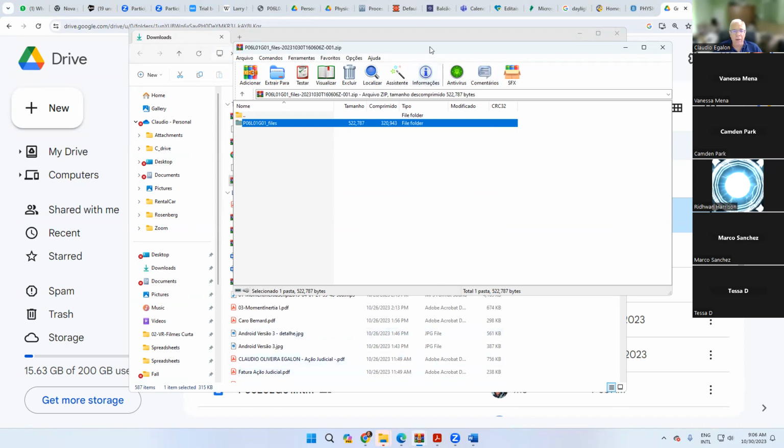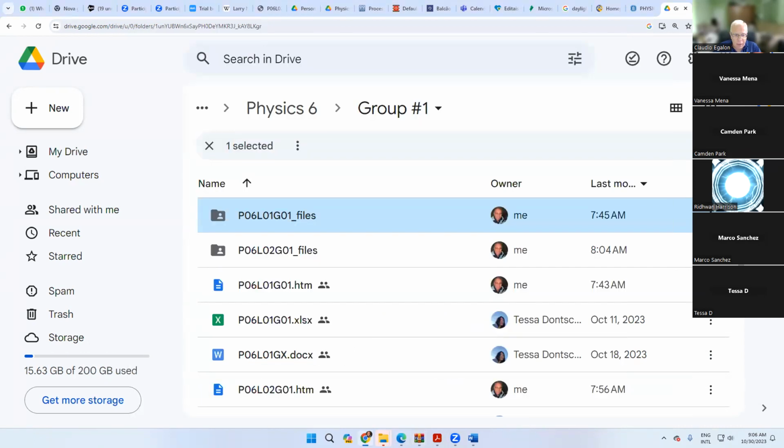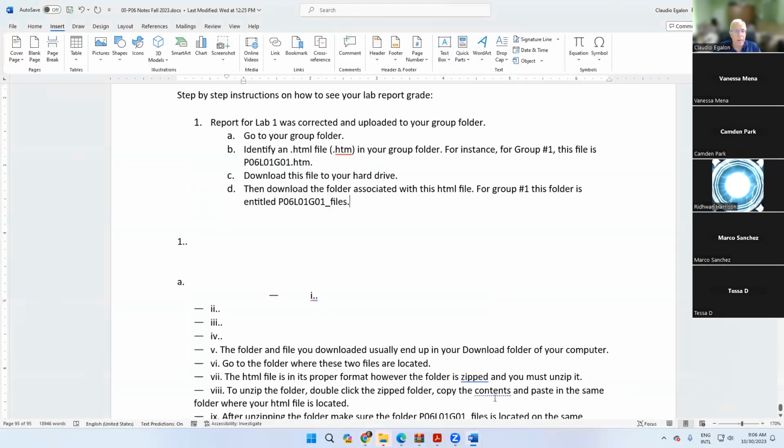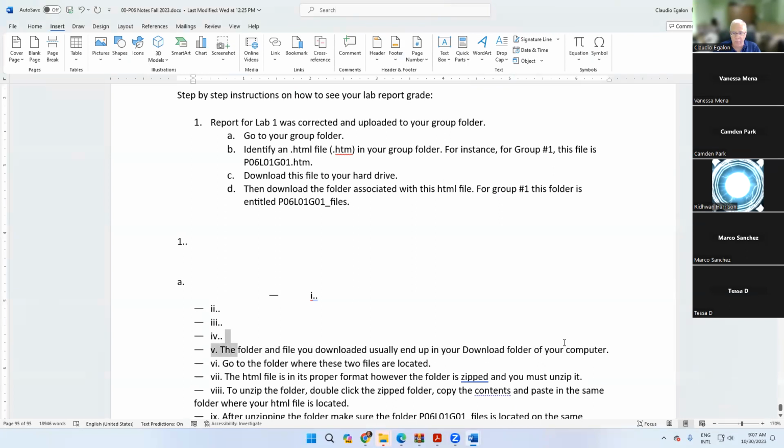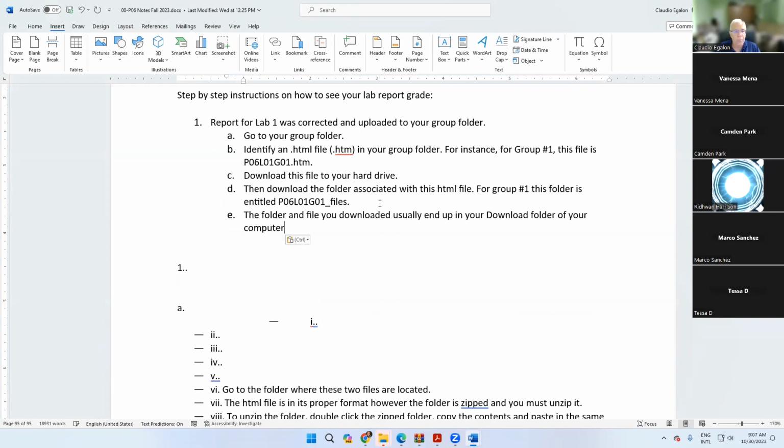So what you have to do, after downloading, is download the folder associated with this HTML file. For group one, this folder is entitled, right? The folder and file you downloaded usually end up in the download folder of your computer.